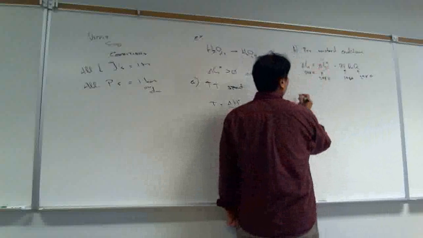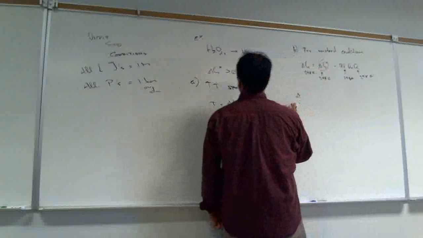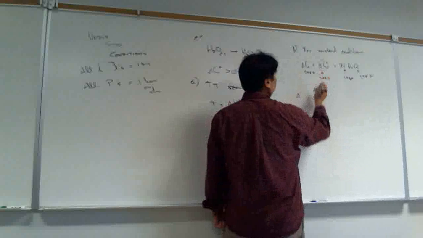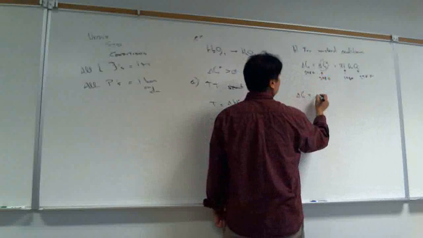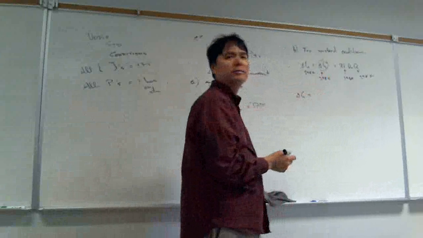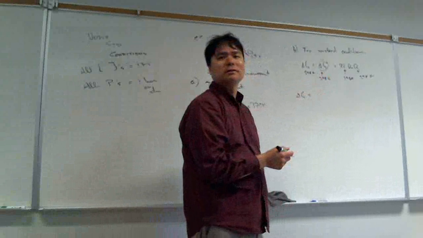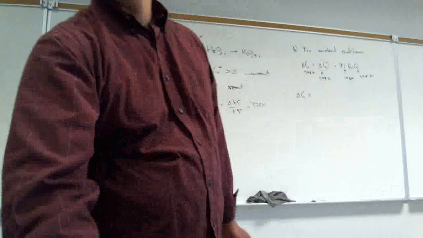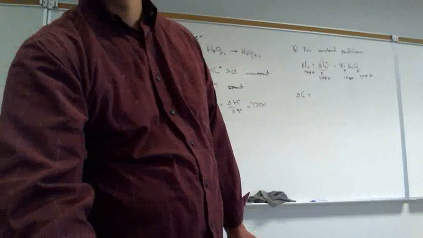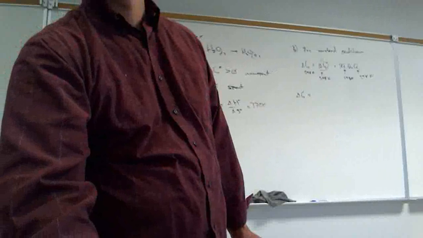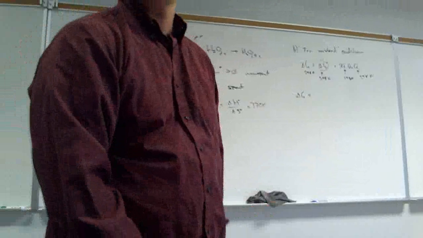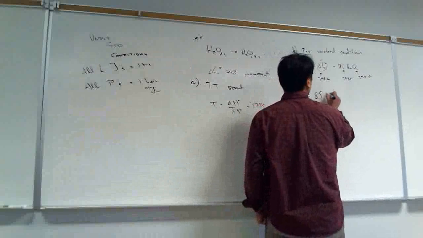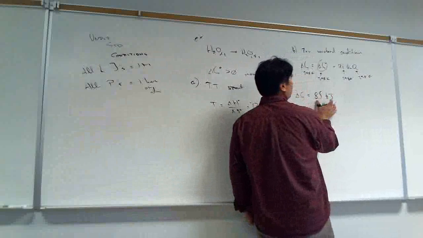All right, what we want to do is look at our current delta G. What was it? Does somebody have it from last time? 8.5 kilojoules? Yeah, our current delta G is 8.5 kilojoules.